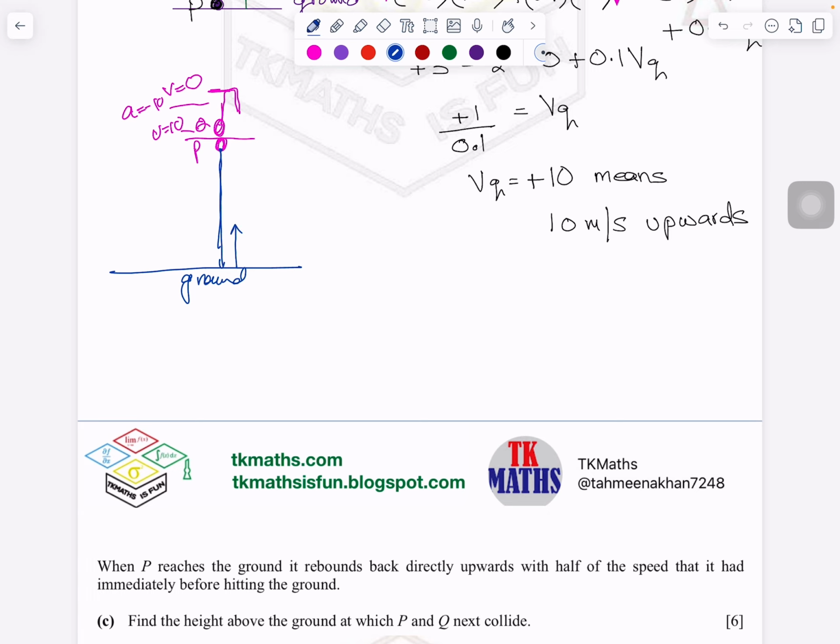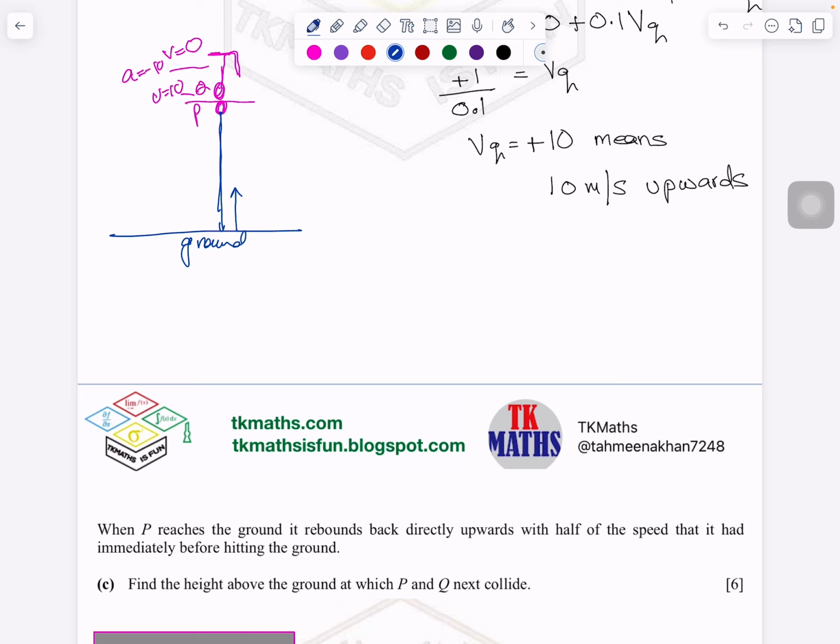This is what the question is saying. When P reaches the ground, it rebounds directly upward with half of the velocity. So whatever the velocity with which it strikes the ground, when it rebounds, the velocity will be half of that. Immediately before hitting the ground, find the height above the ground at which P and Q next collide.